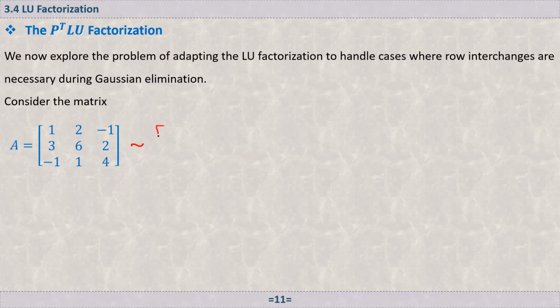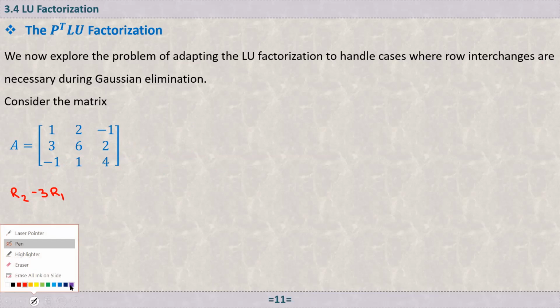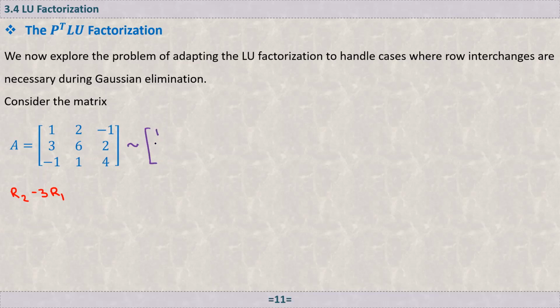So the first step here is R2 minus 3R1. Here we have 1, 2, negative 1, multiplied by negative 3, and here we have 0, and here we have 0, and here we have 3 plus 2, which is 5, right?